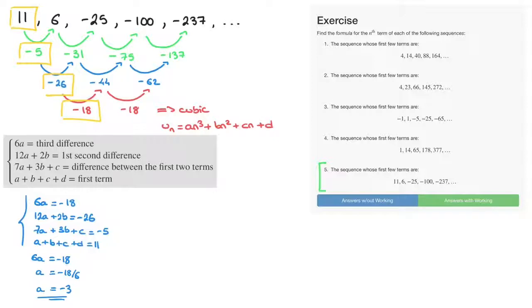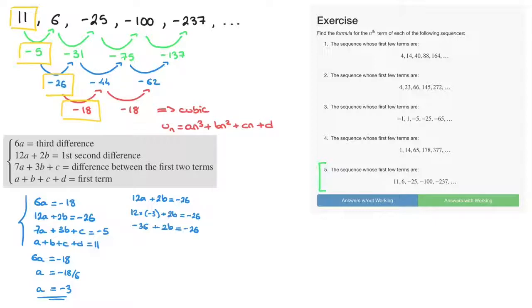Now that we have a, we move on to the second equation, which is 12a plus 2b equals negative 26. But since we know that a is negative 3, that turns into 12 times negative 3 plus 2b equals negative 26. Now, 12 times negative 3 is negative 36. So that's negative 36 plus 2b equals negative 26.